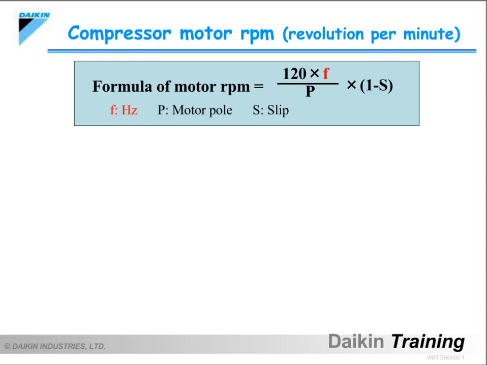The number of poles, P, is fixed during designing, and the slip, S, can be ignored due to its fine difference, so the RPM changes according to the frequency.